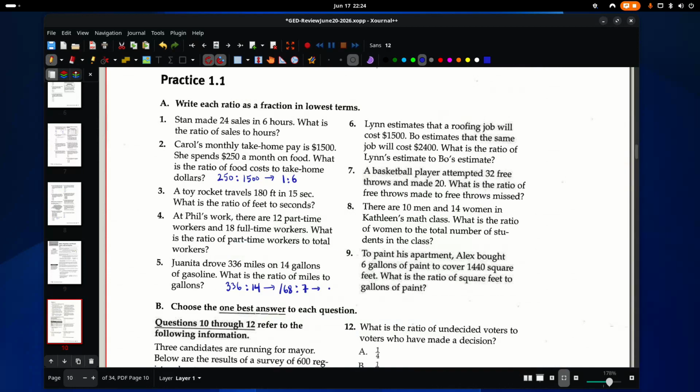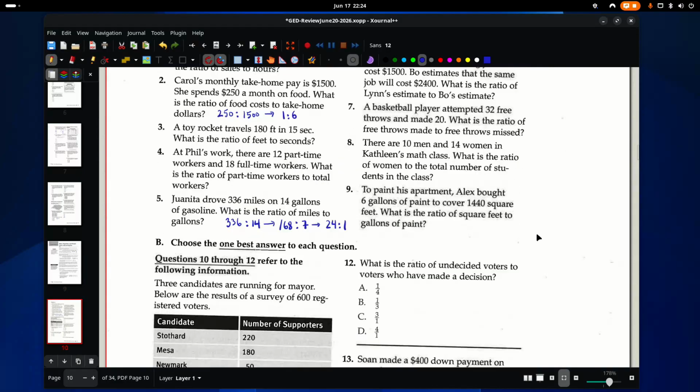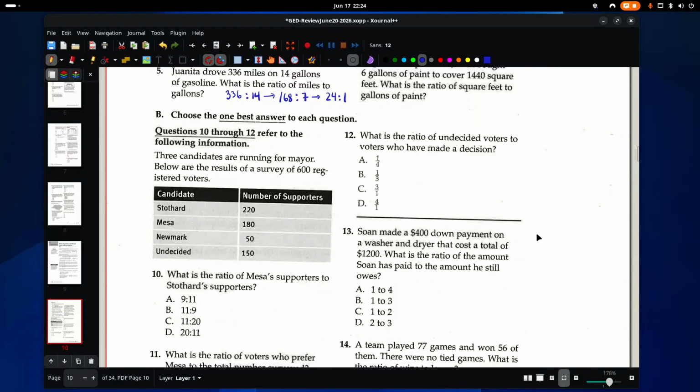So this would be 24 to 1 for the ratio of miles to gallons. So we could say that this vehicle gets 24 miles per gallon. And that's a way to measure efficiency for fuel use. So those are some good examples for ratios.